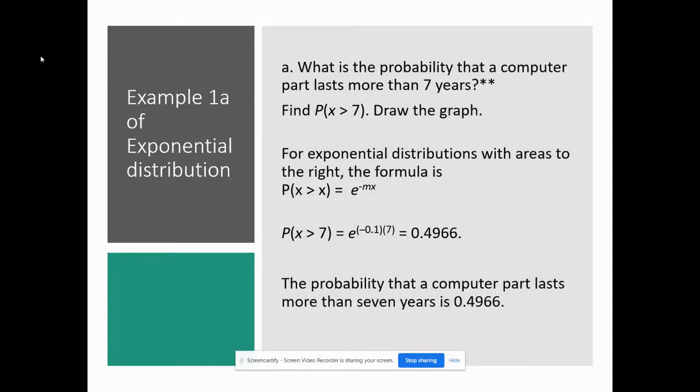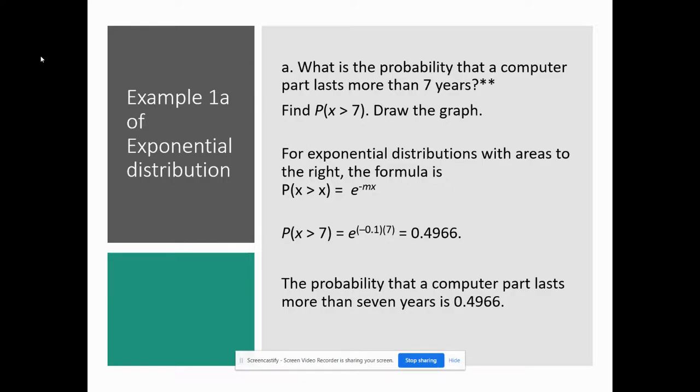So for A, what is the probability that a computer part lasts more than 7 years? Remember we talked about less than and greater than, so this was a more than. So remember, when it's the probability x is greater than x, we do e raised to the negative m times x.